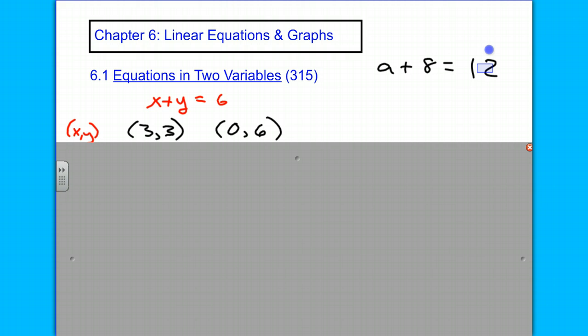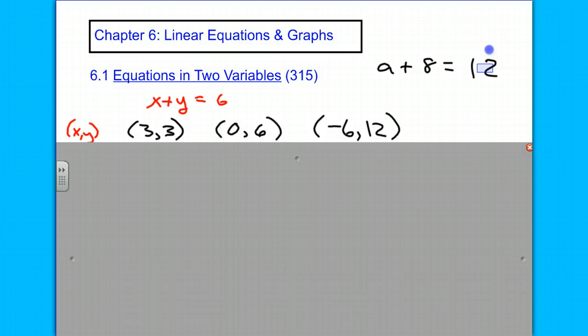If we plug in negative 6, then the y value would have to be 12. Right here we have 3 solutions, and there are infinite others that we could come up with.